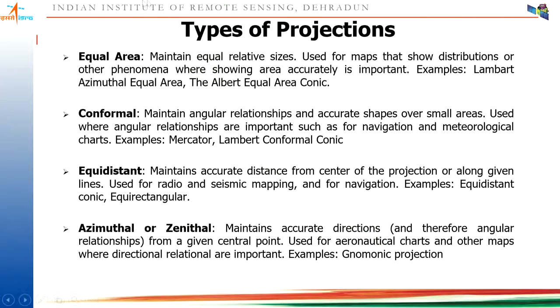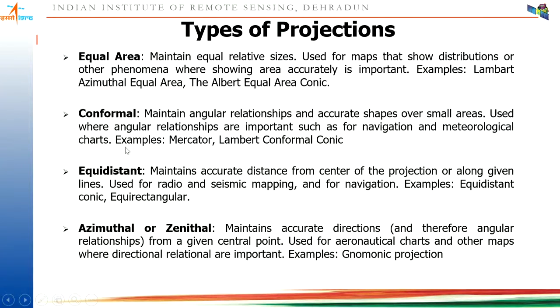So there are types of projections. One is equal area projection, which maintains equal relative sizes, used for maps that show distribution or other phenomena where showing area accurately is important. The example is the azimuthal equal area or Albers equal area conic projection.